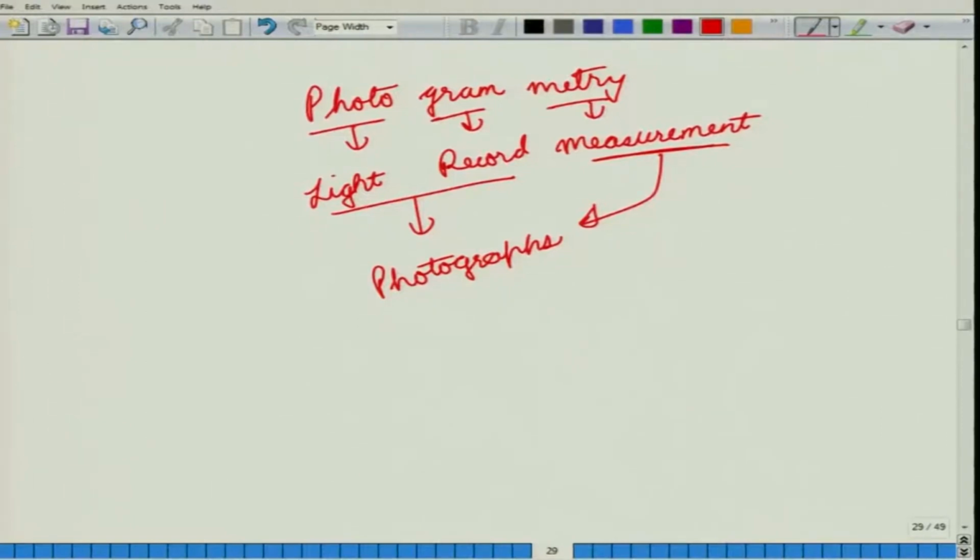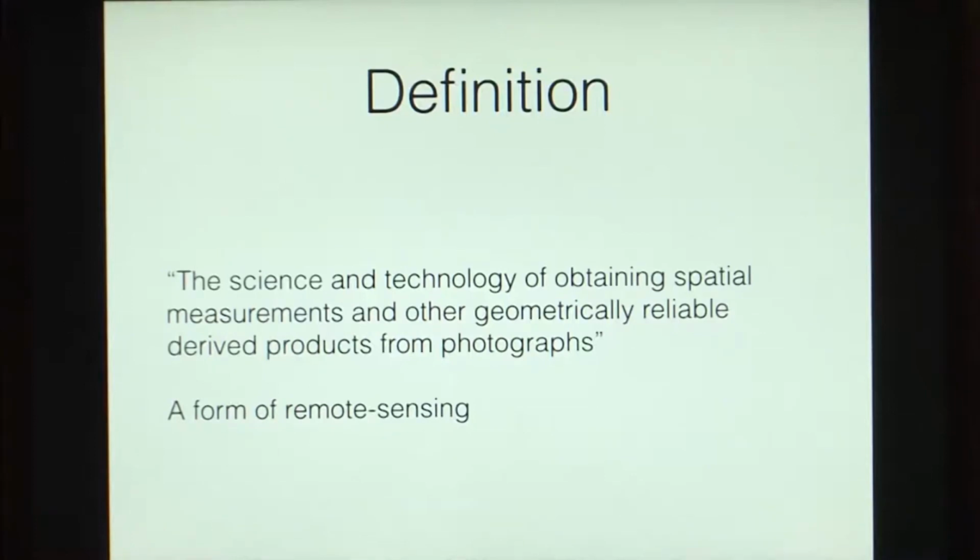So, if we move back to the slide, this is the definition of photogrammetry. It is the science and technology of obtaining spatial measurements and other geometrically reliable derived products from photographs. Science comes from the Latin word scientia, which means to know. So, science means knowledge.